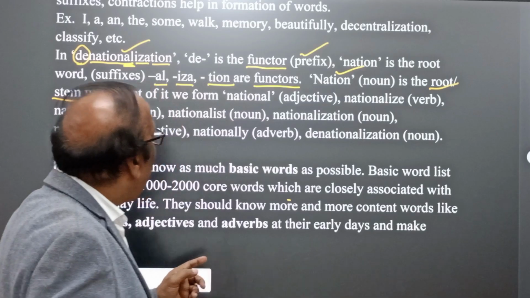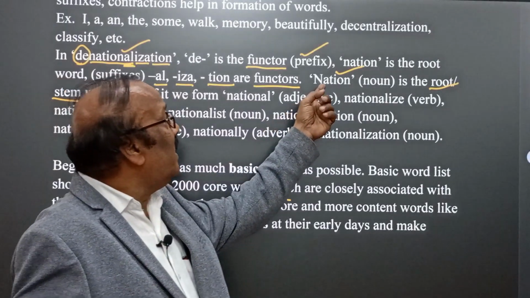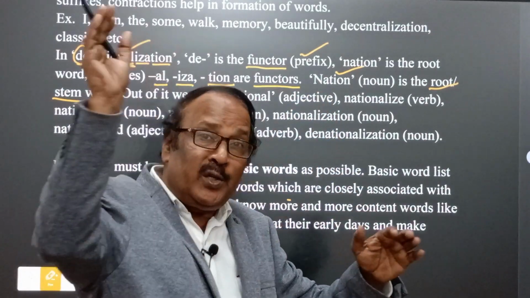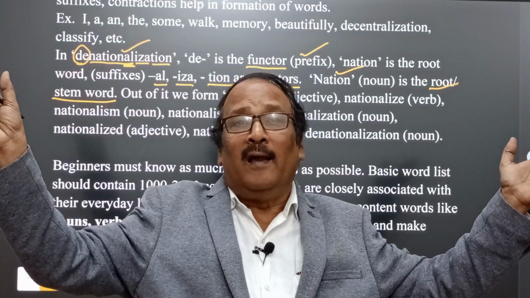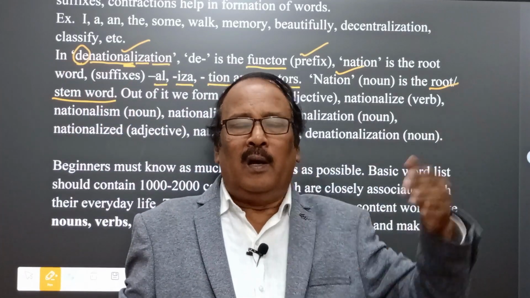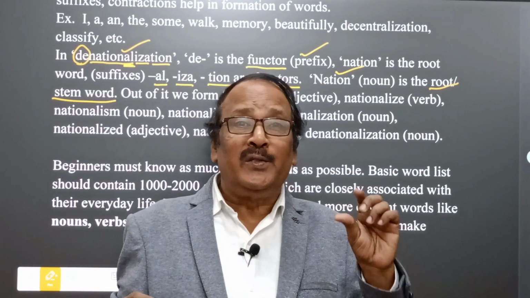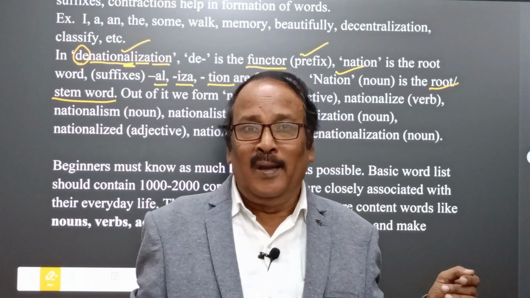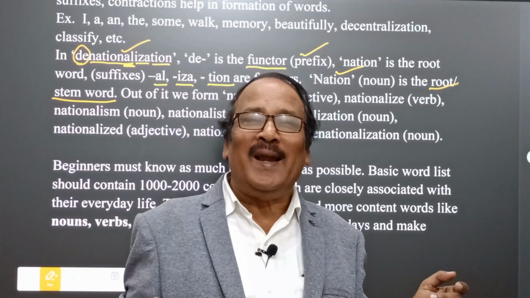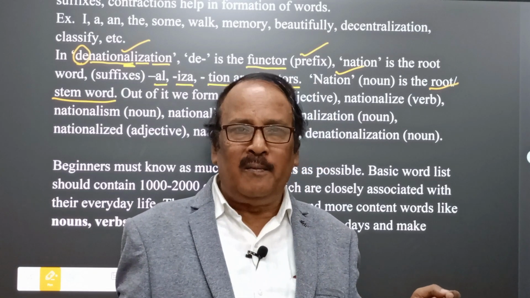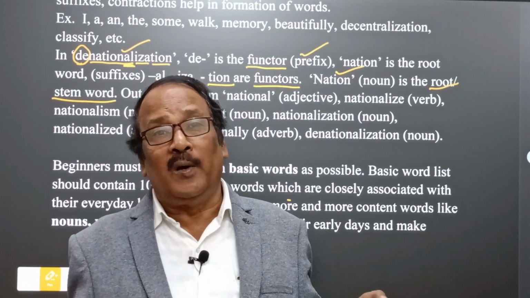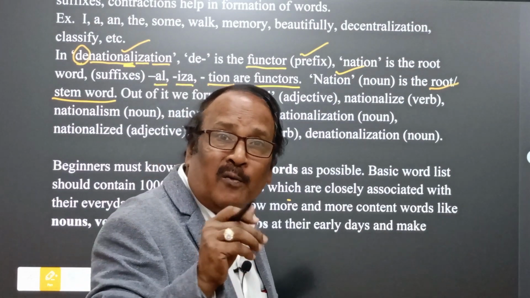The root word is nation. We will discuss this in an elaborate manner in the vocabulary class, when we discuss the formation of noun, adjective, verb, and adverb. These are the content words.